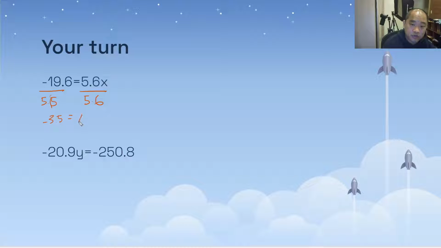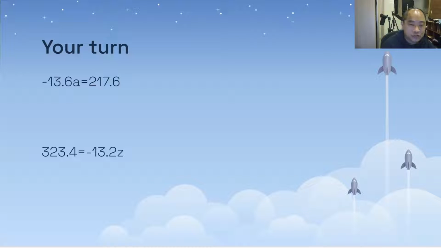Negative 3.5 equals x. Here, we're going to divide by negative 20.9. So 250.8 divided by 20.9 is 12. A negative divided by a negative is a positive. This is positive 12.